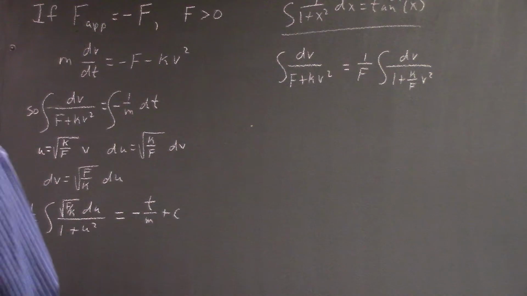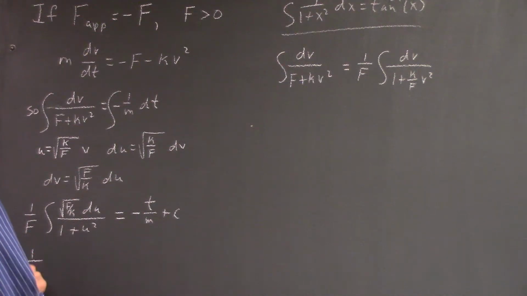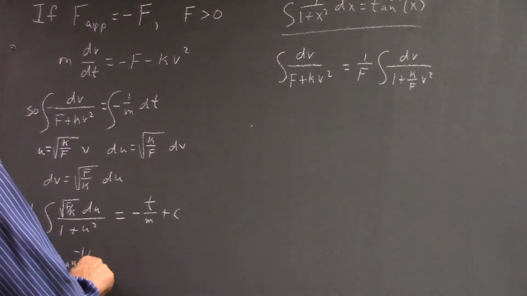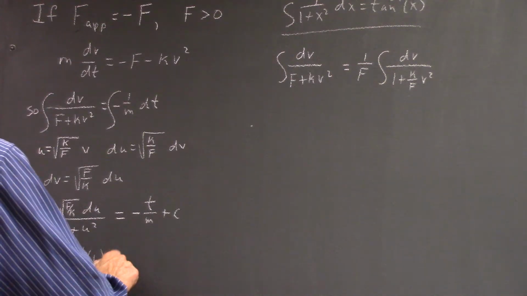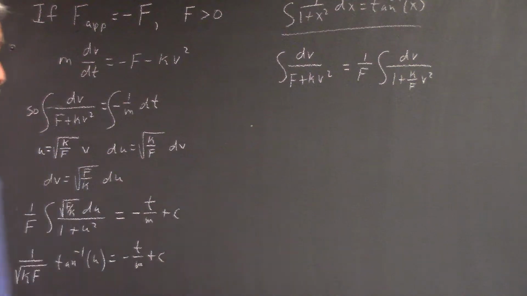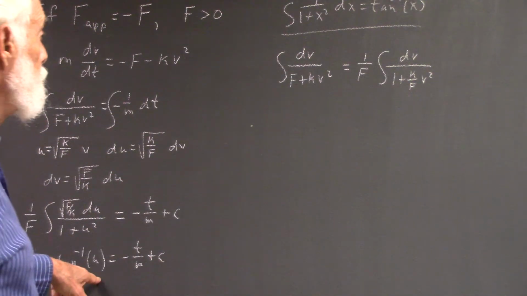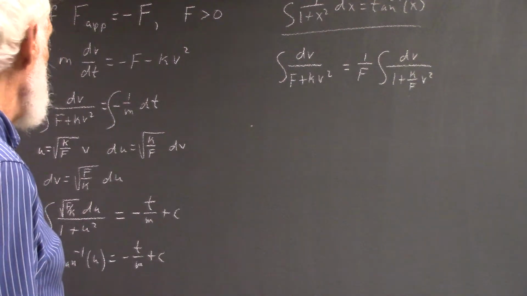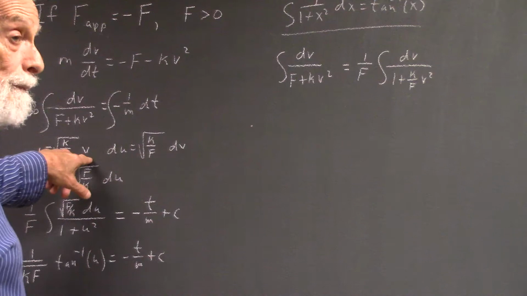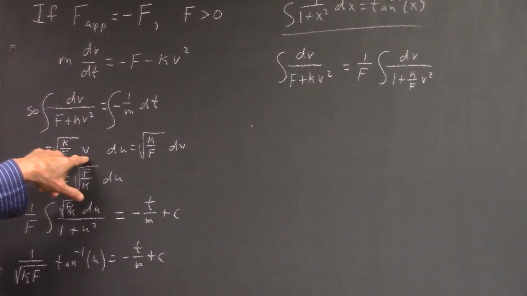So we're getting then 1 over the square root of kappa f arctangent of u. Of course, the arctangent of u is the arctangent of the square root of kappa over f times v, right?